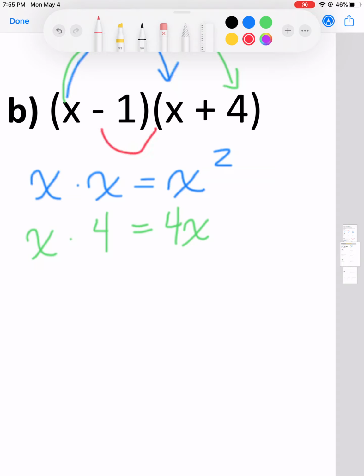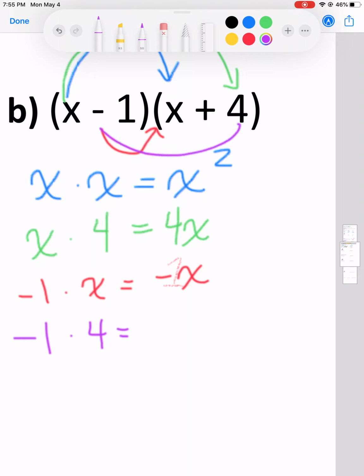Negative 1 times x is what? Negative x. If you write negative 1x, that's absolutely fine, okay? It's the exact same thing. Now we've got negative 1 times 4. Last. That is negative 4.